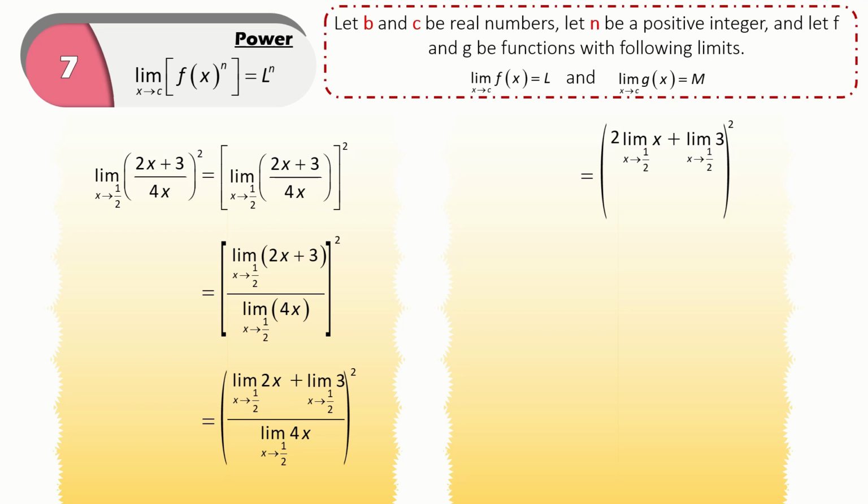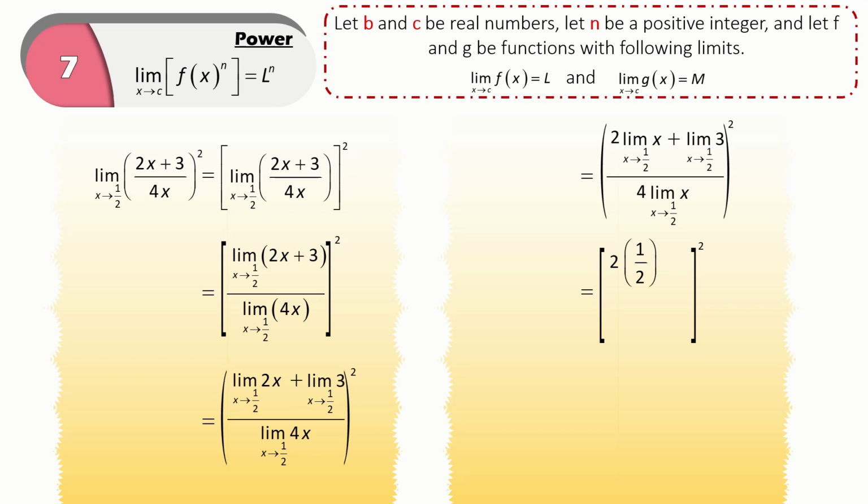Similar property will be applied in the denominator. 4 multiplied to the limit of x as x approaches 1/2 by scalar property. Still rewrite the power. Focus on the numerator. The product of 2 and the limit of x as x approaches 1/2 is 1/2 by identity property.